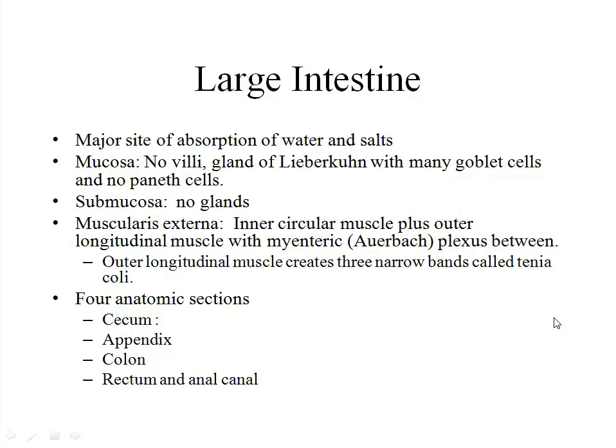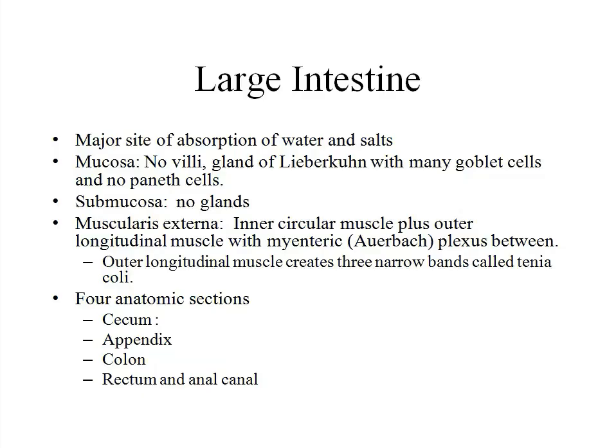Now we start the discussion of the large intestine. The major site of absorption of water and salts takes place in the large intestine. With respect to the mucosa, if we compare it with the other intestines, no villi are there. There are glands of Lieberkühn with many goblet cells and no Paneth cells.